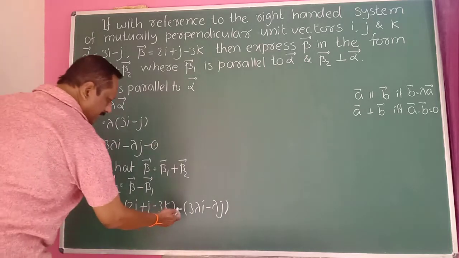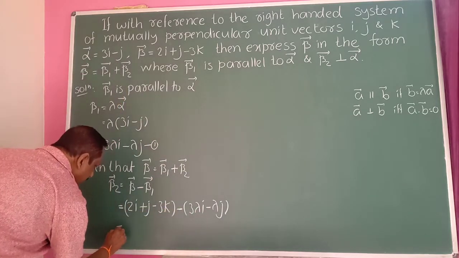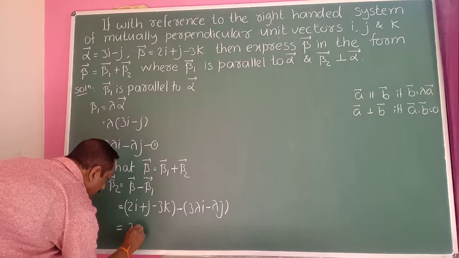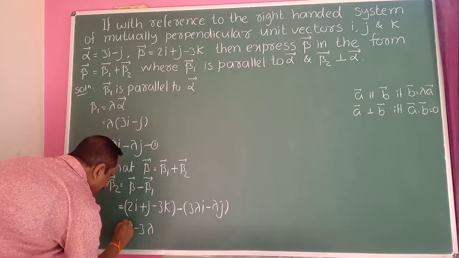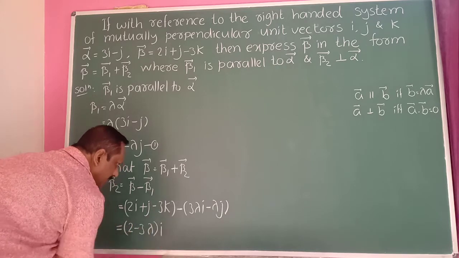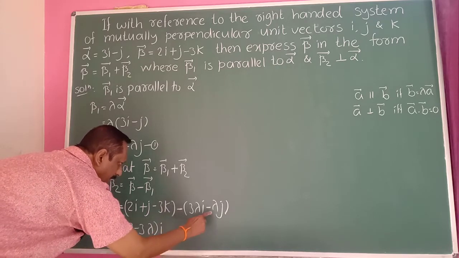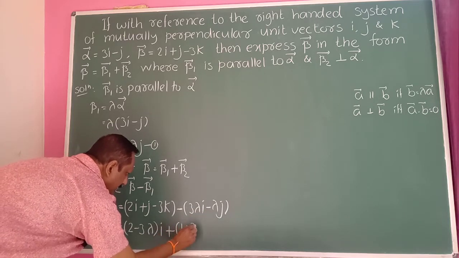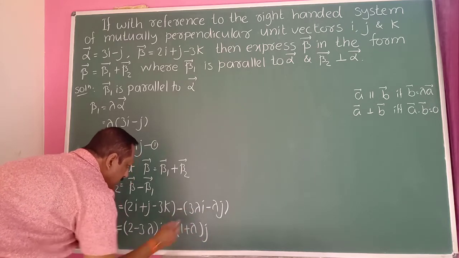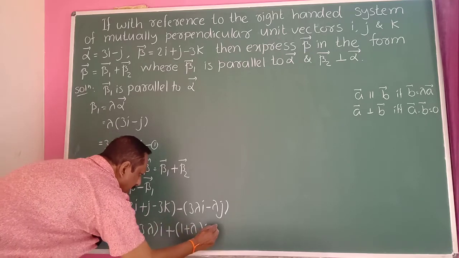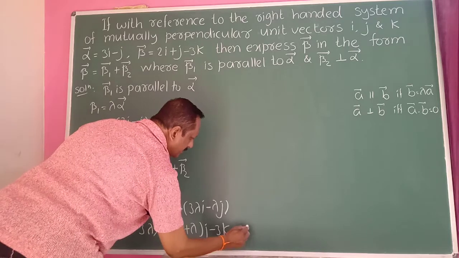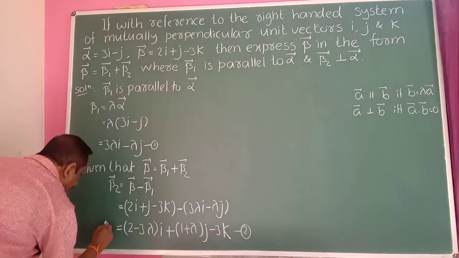Take this minus inside the bracket. So this equals 2 minus 3 lambda into i, then 1 minus minus becomes plus, so 1 plus lambda into j, then minus 3k as it is. Take this as result number 2. So this is beta 2.